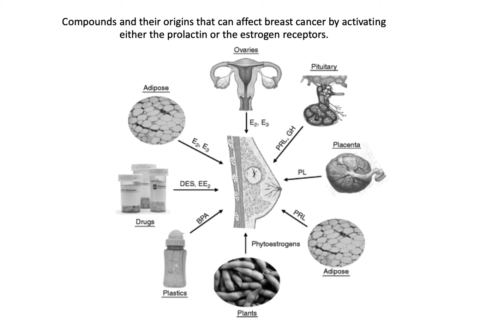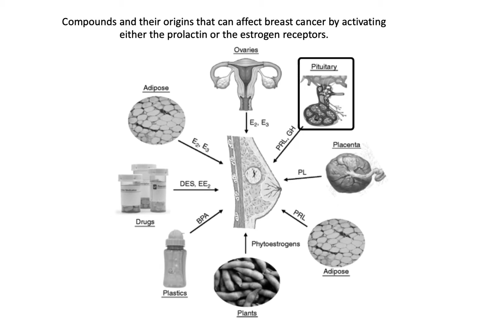So yeah, you can affect breast cancers and uterine cancers because fatty tissue produces more estrogens, so that can stimulate a tumor. The ovaries also produce estrogen, so that can induce a cancer.